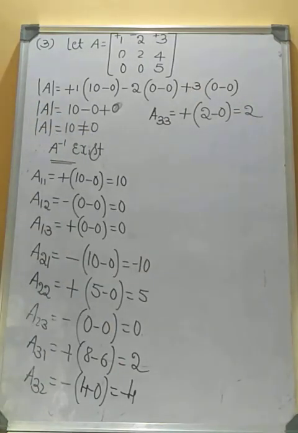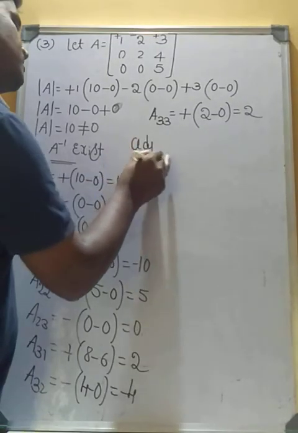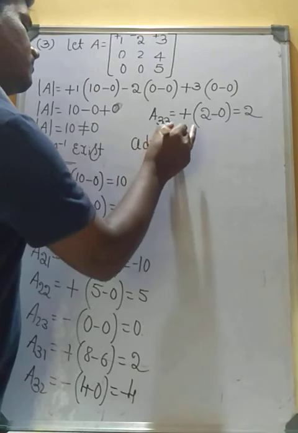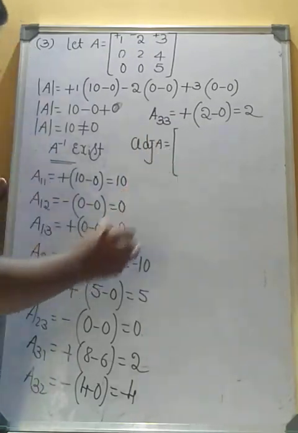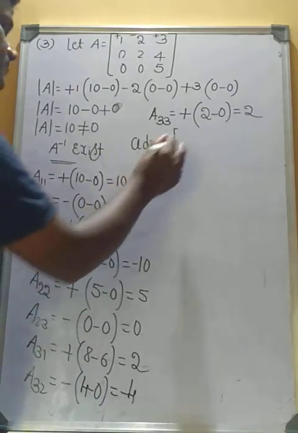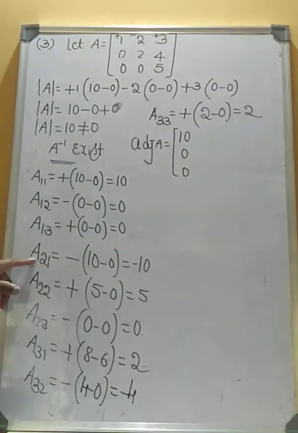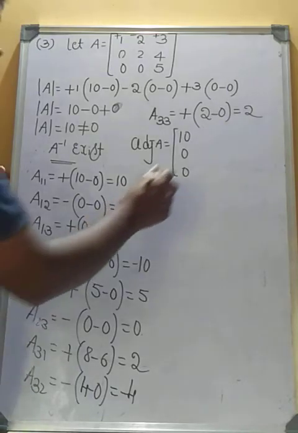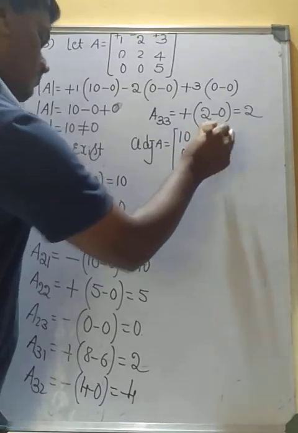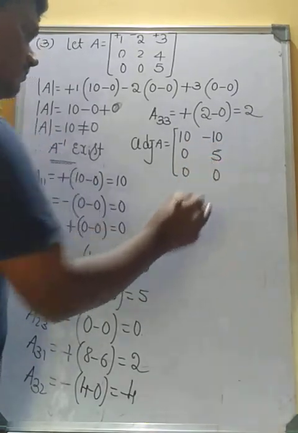After that, finding cofactors, right? Adjoint A, that is, so first row cofactor elements write in first column, that is 10 0 0, and second row cofactor elements write in second column, minus 10 5 0.